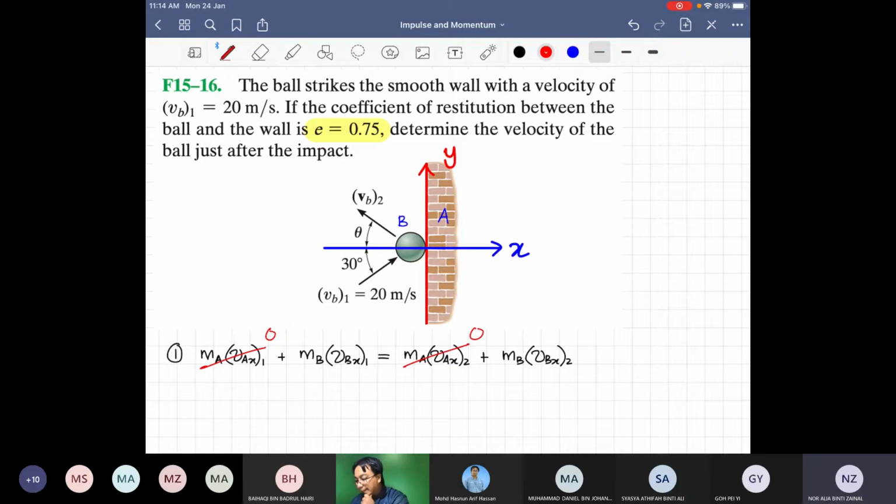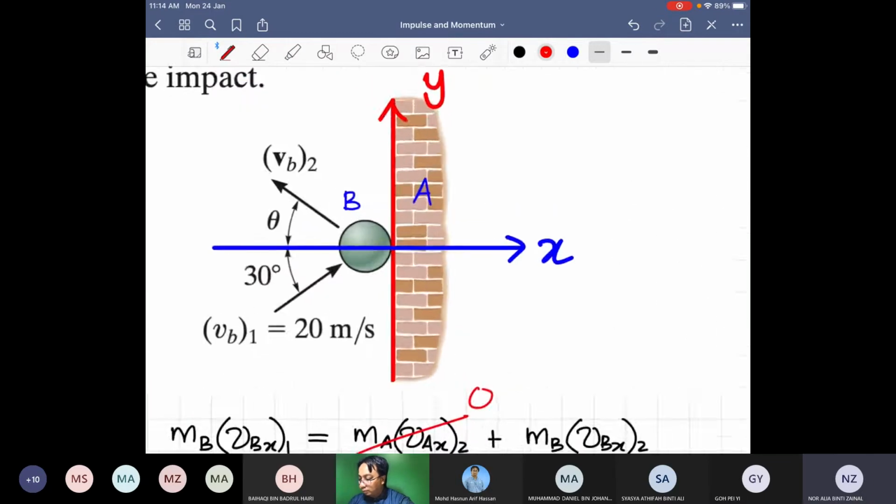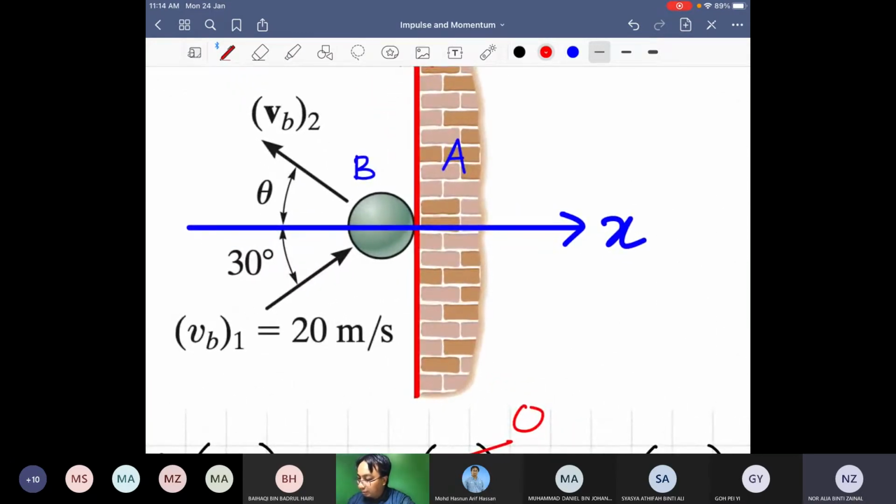Okay, sekarang kita kena determine what is VBX1 and what is VBX2. So I will zoom in. So sebenarnya ini kita kena pecahkan kepada dua. Ini VB1. So VBX1 will be in this direction. VBY1 will be in this direction. Ataupun saya guna warna lain untuk Y axis. Kita gunakan warna biru lah untuk X axis to match the axis here.